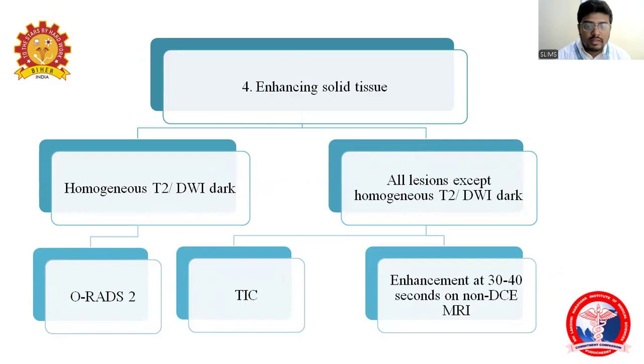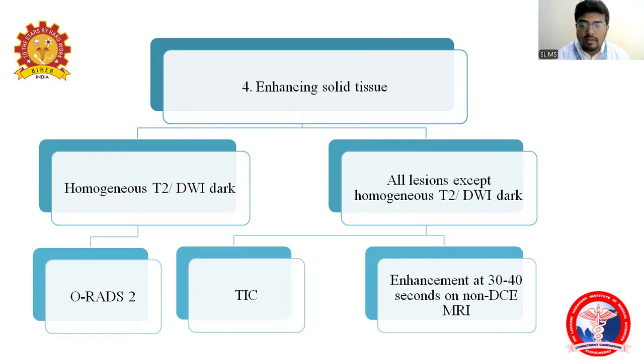In case of enhancing solid tissue, we should look for the T2 and DW signal characteristics. If it is homogeneously T2 hypointense or DW hypointense, then O-RADS score of 2 will be given. So these kinds of imaging characteristics will be seen in the fibromas and fibrothecomas.